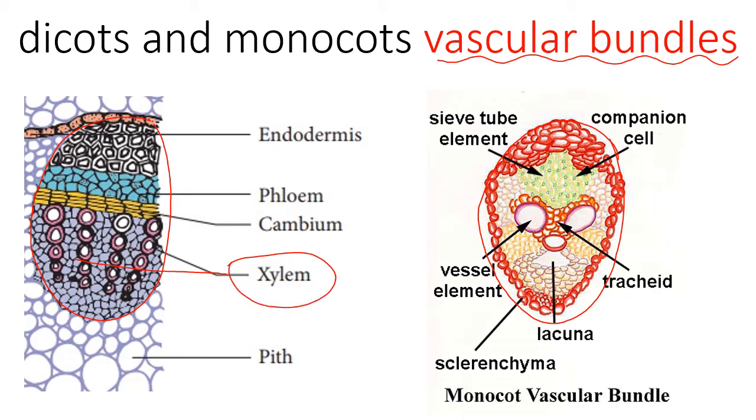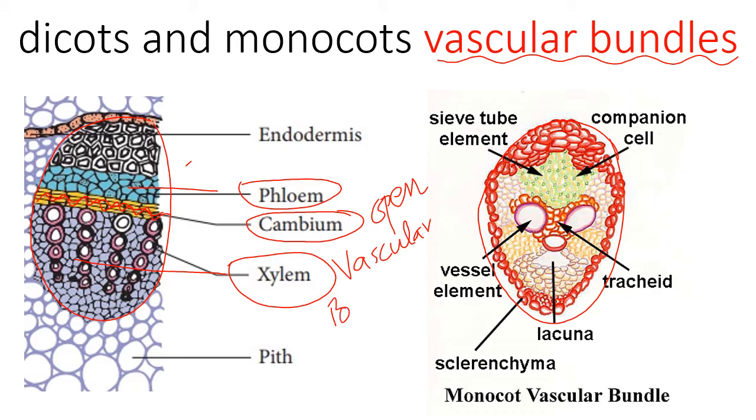You will see another tissue that is called phloem, and in between xylem and phloem you can see this tissue. That tissue is called cambium. Now cambium is important with respect to growth, and due to presence of cambium, this is open for growth, and so this is called an open vascular bundle.